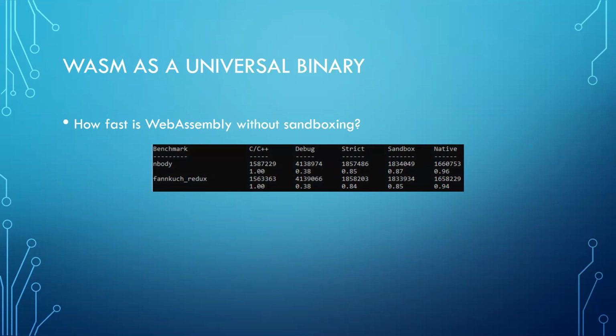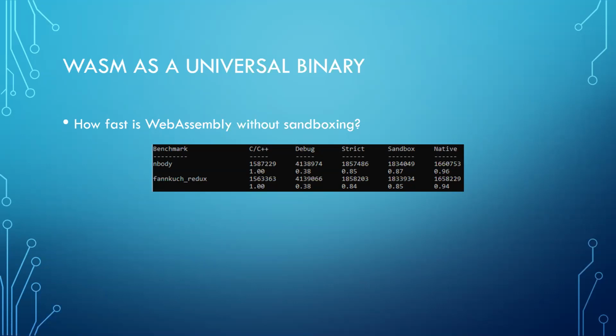In here, we can see that this is just a standard benchmark comparing a native C++ compilation of some benchmarks on the left, which is our baseline at 1.0. A debug build, which is very slow because it's got all the debug information, running at 38% of the C++. Our strict implementation of the WebAssembly standard running at about 85%.